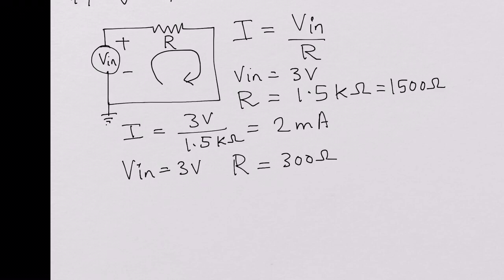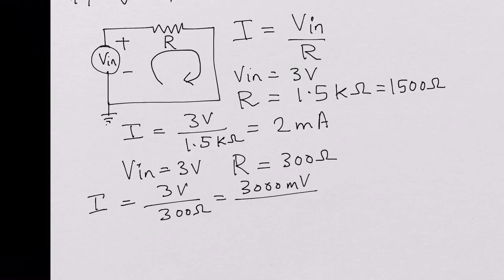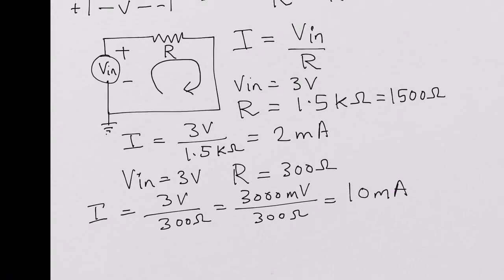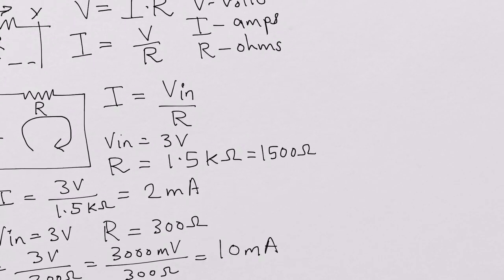Now the current I would be 3 volts divided by 300 ohms, which can also be written as 3000 millivolts over 300 ohms, which is 10 milliamps. So this is one way of explaining.